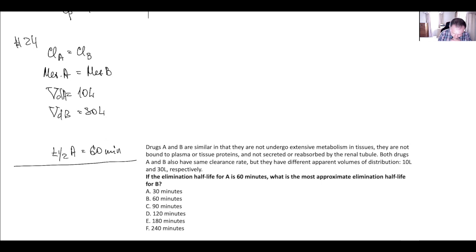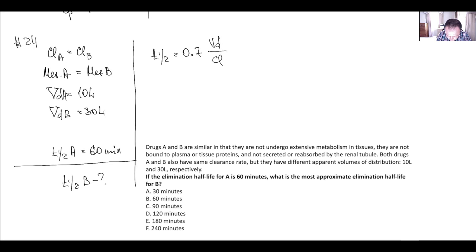The question is asking what is the half-life for drug B? How can we calculate half-life? Half-life is 0.7 multiplied by volume of distribution over clearance. We have volume of distribution and the half-life of drug A, and we need to find the clearance.